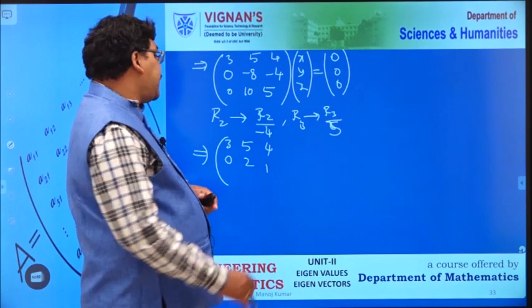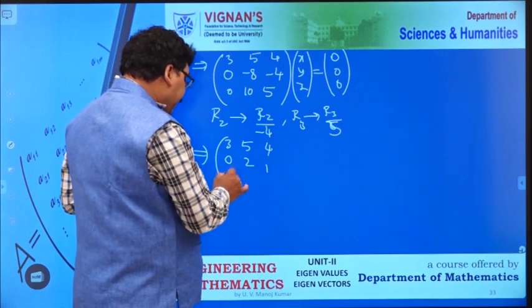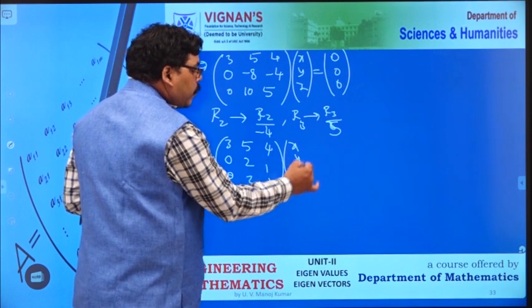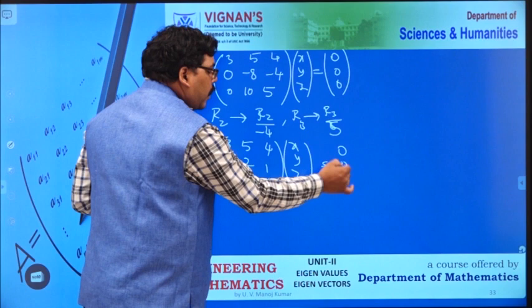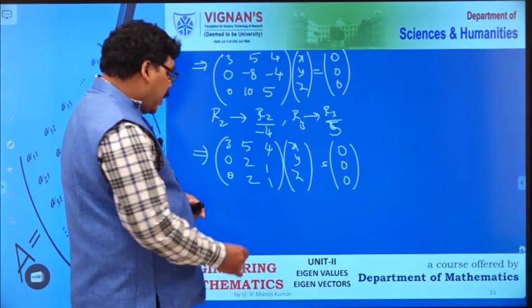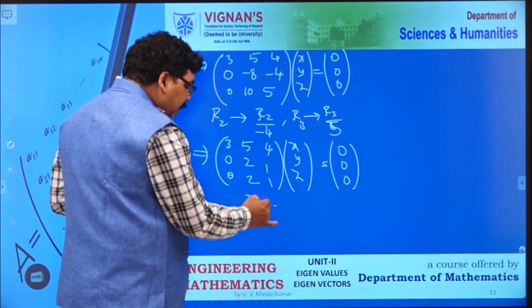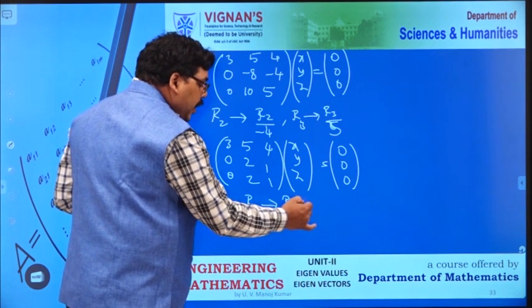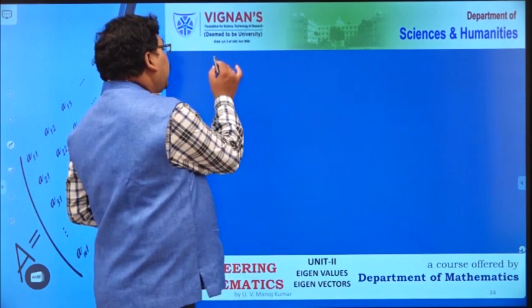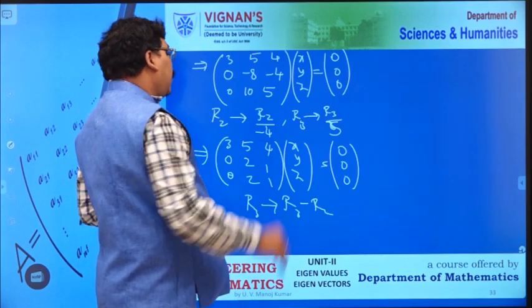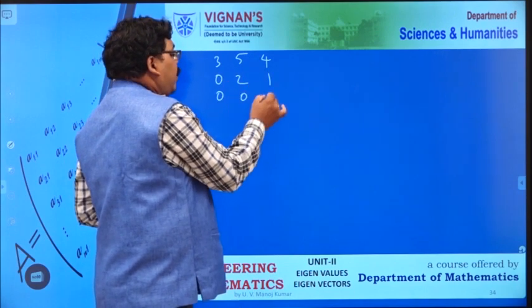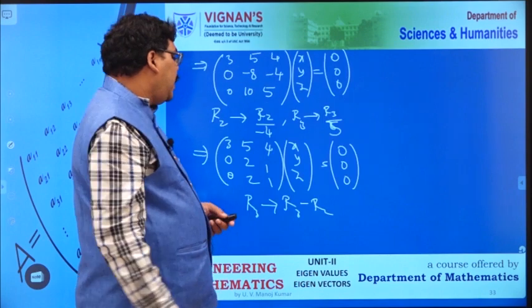And the third row, dividing by 5, becomes 2, 1. When you see the last two rows are equal, you can apply R3 changes into R3 minus R2. So this reduces into 3, 5, 4, 0, 2, 1, 0, 0, 0. Now this is an echelon form.